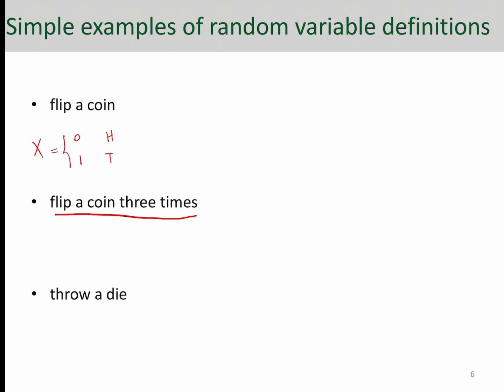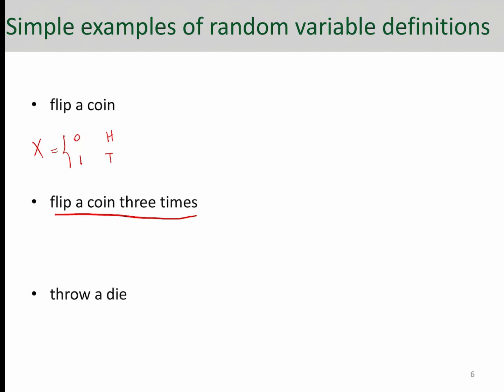Flipping a coin 3 times. Well, when you're flipping a coin 3 times, there are 8 outcomes in that random experiment. And you can assign a separate number to each of those outcomes if that's what you're looking for. But typically we define a random variable that is meaningful.